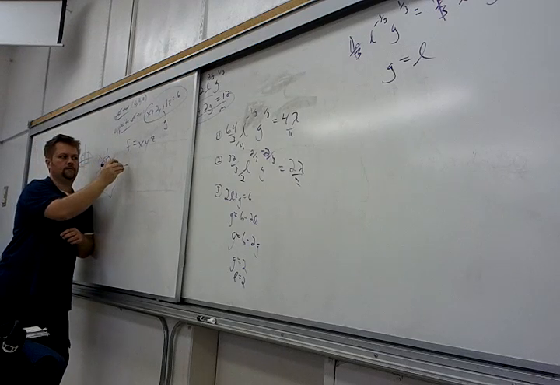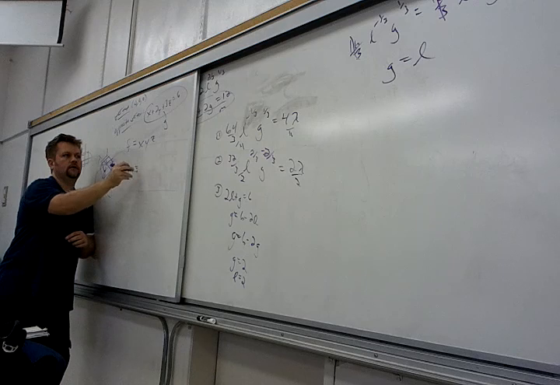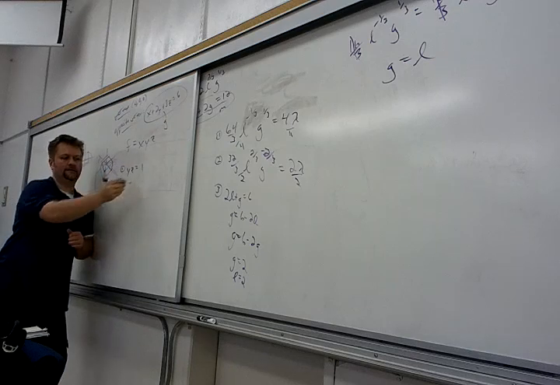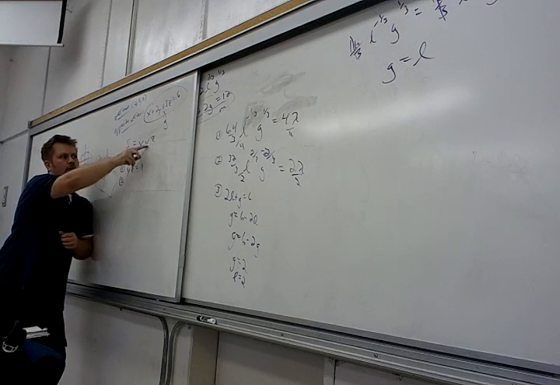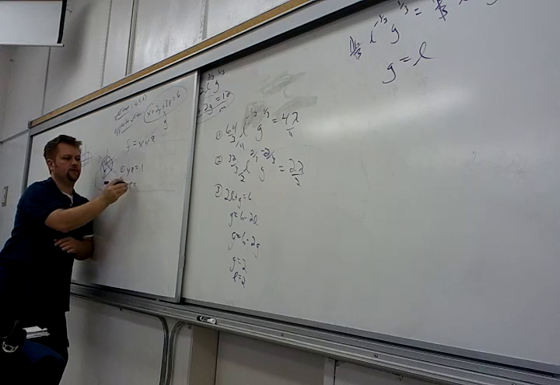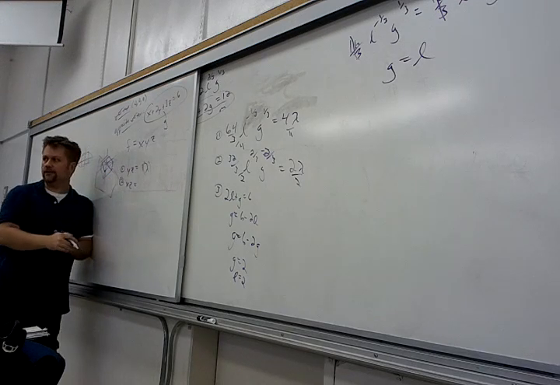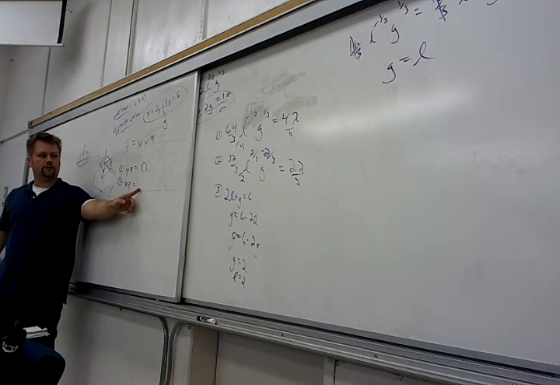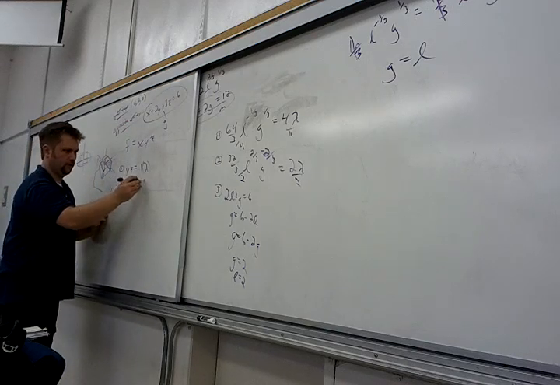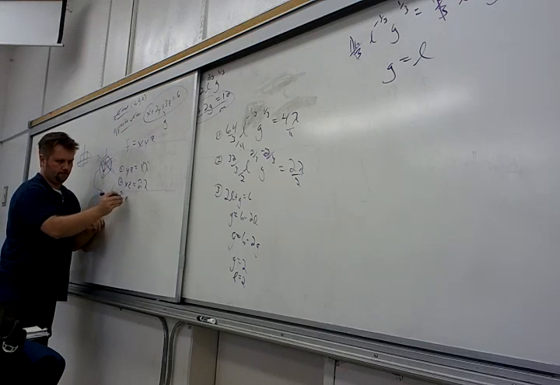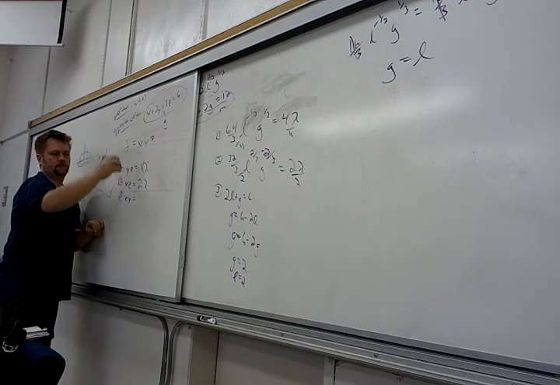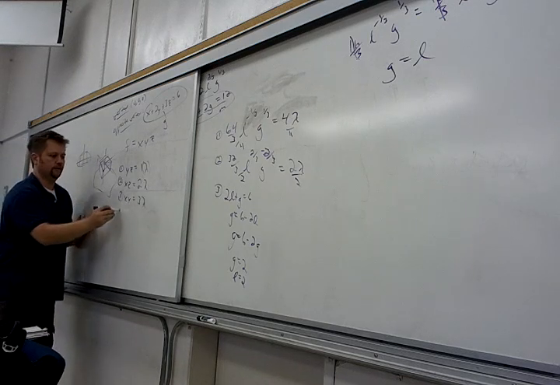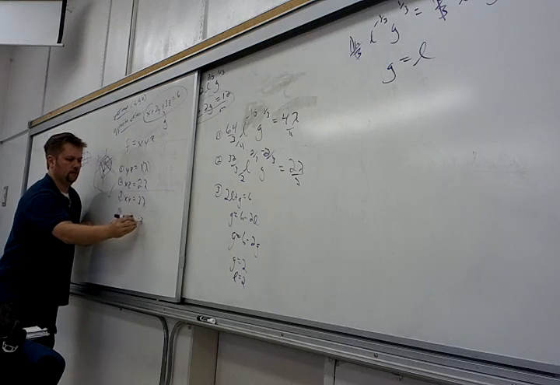So what's f_x? yz equals lambda times g_x, which is 1. f_y is xz, equals lambda times g_y, which is 2. That's the whole point of the multiplier. And finally f_z is xy, equals lambda times g_z, which is 2. And then finally, we always have the given constraint function that we can use.